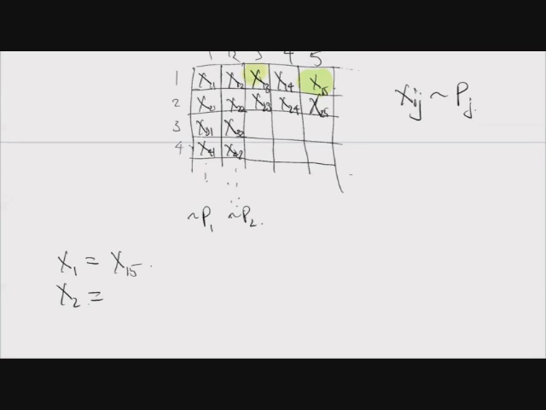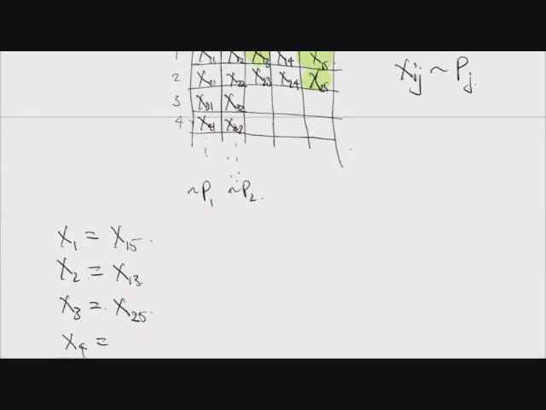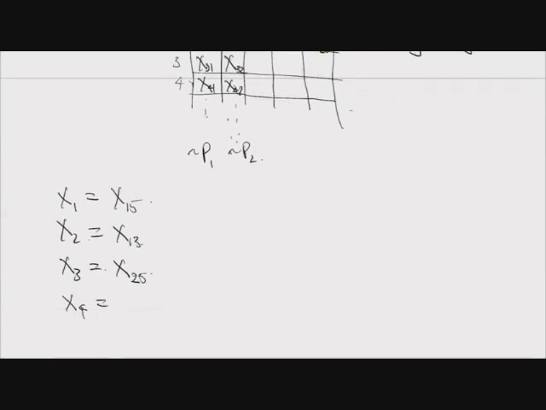Say I pull arm 3, then I'm going to reveal this entry. In the third round, maybe I pull 5 again and see this entry. And in the fourth round, I decide to pull the first arm, for instance, and then I see this entry.